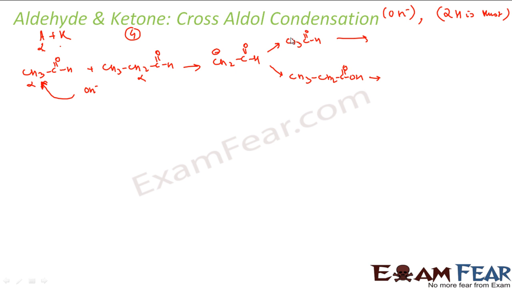So if you see, if this is the case, it will form CH3C, this becomes O minus and H, and here this comes CH2COOH, and it will grab one H.